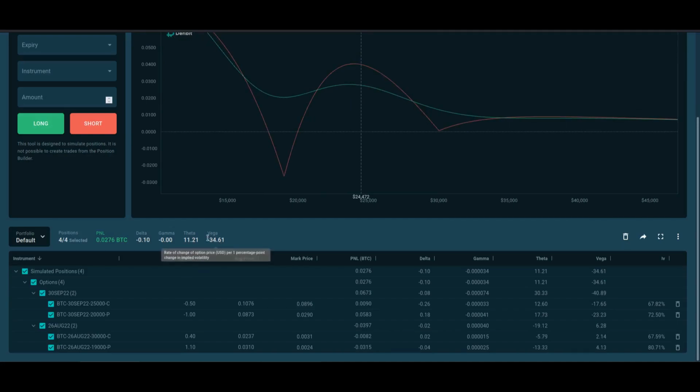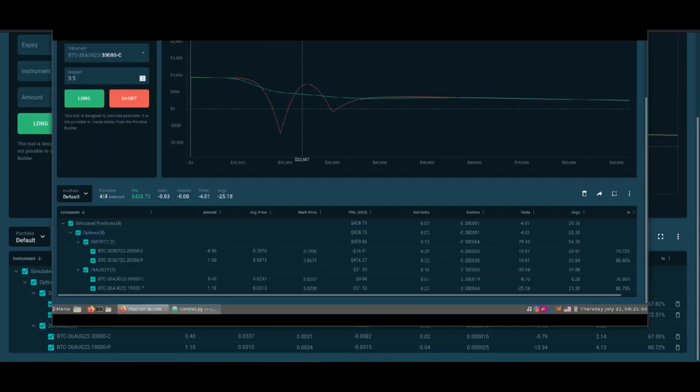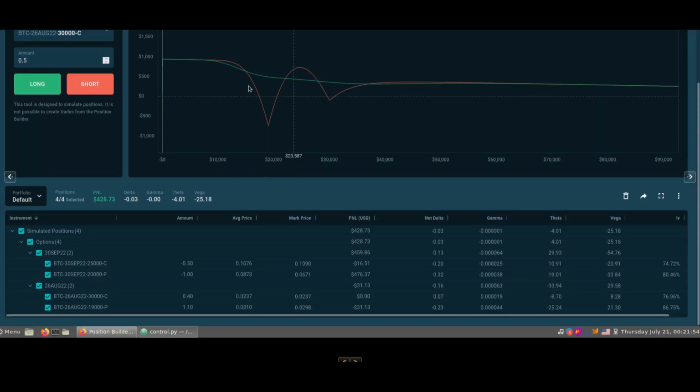We still have negative Vega. That means our construction supposes a decrease of volatility, and let me show the initial position. We have a flatter delta position, looks like almost zero.